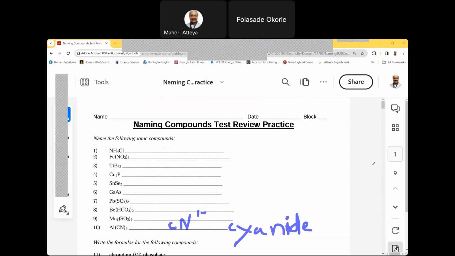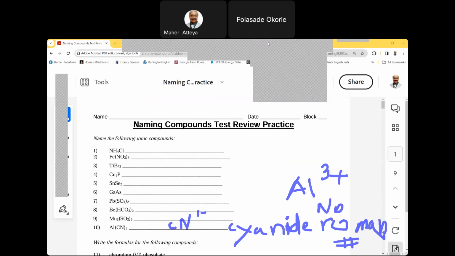That would be aluminum cyanide. Do we have 1 or 2 or 3 aluminum cyanide? No, because aluminum has only one single charge, 3 plus. So no Roman number. Aluminum cyanide.